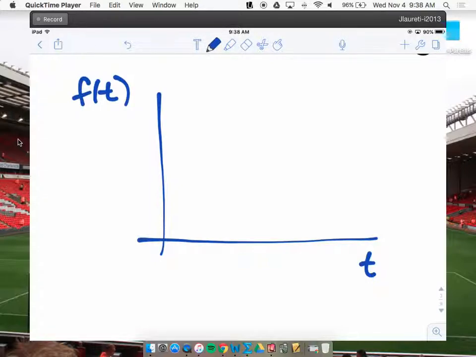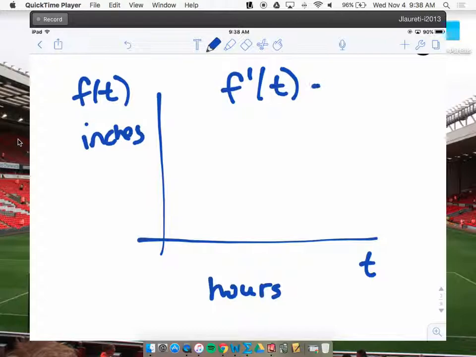Time in hours, right? So hours since midnight. And then the vertical axis would be what? Inches of rain, right? Okay, so what would the units of the derivative be? Inches per hour. Good.